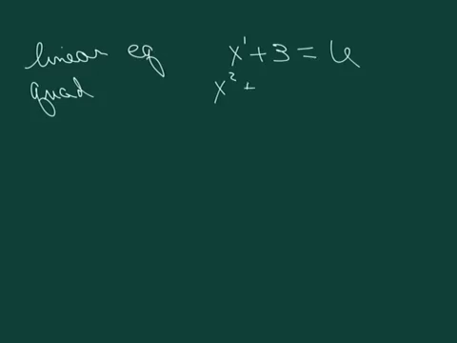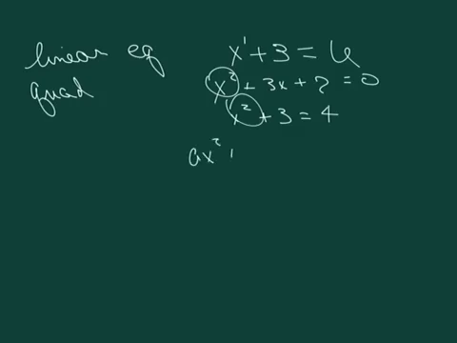So x squared plus 3x plus 2 equals 0, x squared plus 3 equals 4. Those are quadratic equations because we have the x squared. And actually in Mathanese, it says it's written in the form ax squared plus bx plus c equals 0. So if you can take an equation and write it in that form, it's a quadratic.